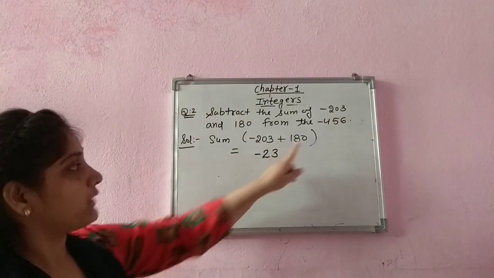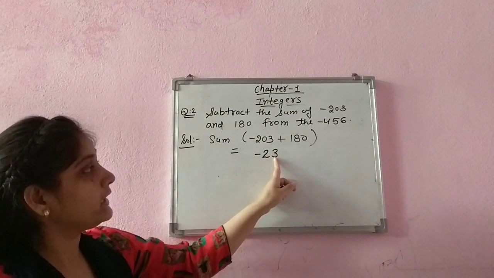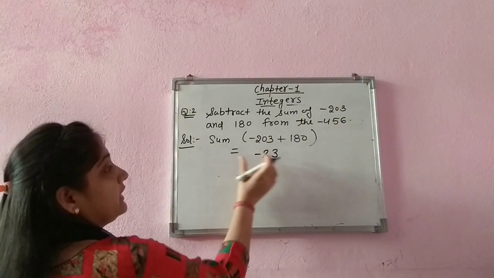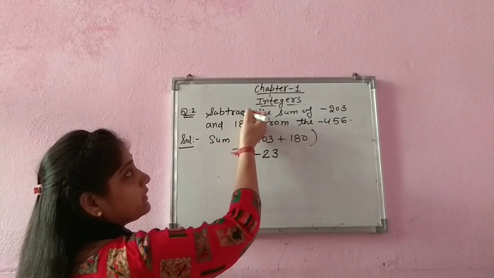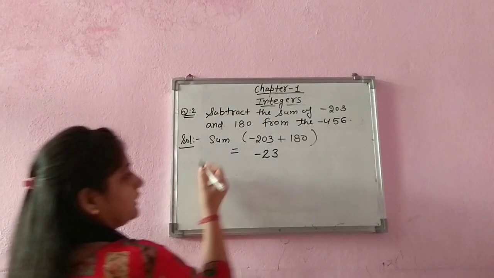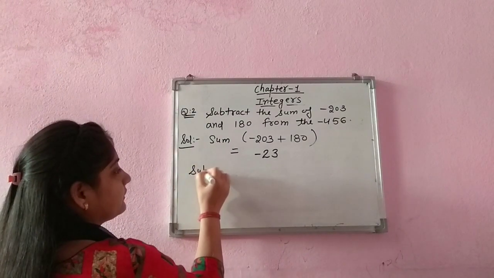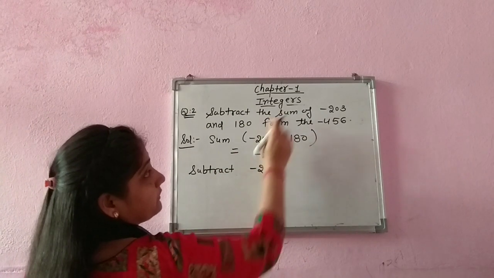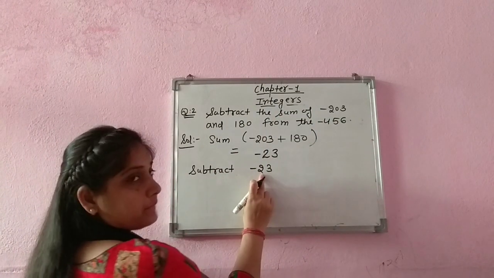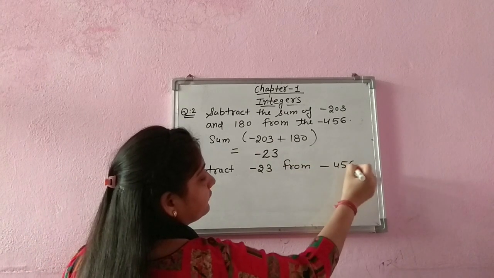When we subtract 180 from -203, we will get 23 with a negative sign. Now the language is this: whatever is the sum, that is to be subtracted from this. So our language will become: subtract minus 23, because the sum is minus 23, from minus 456.